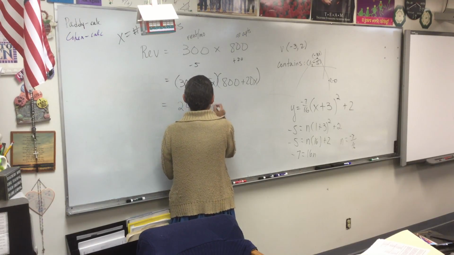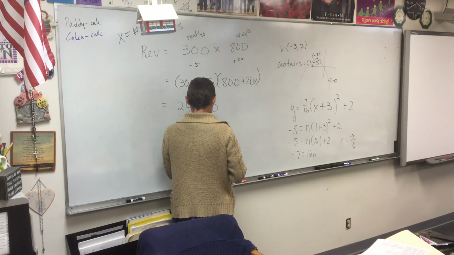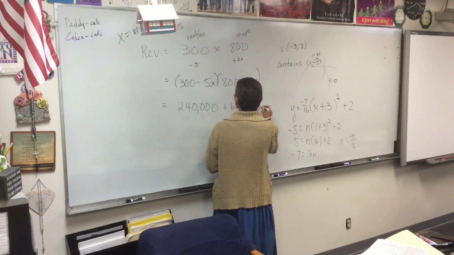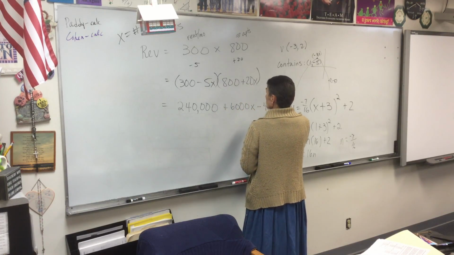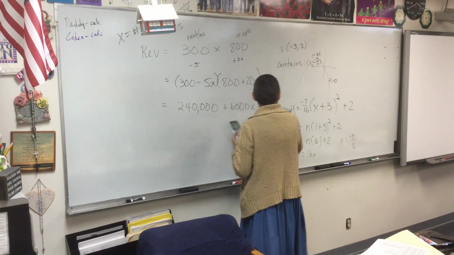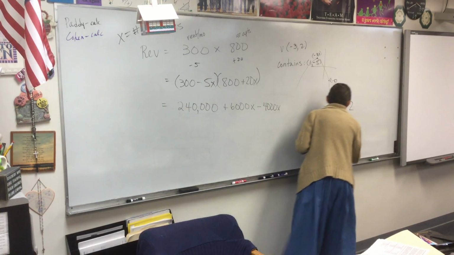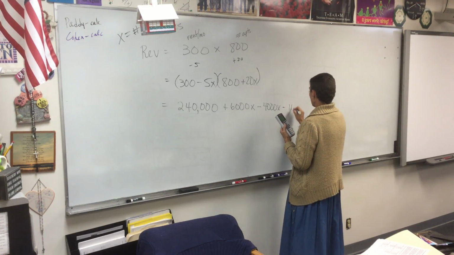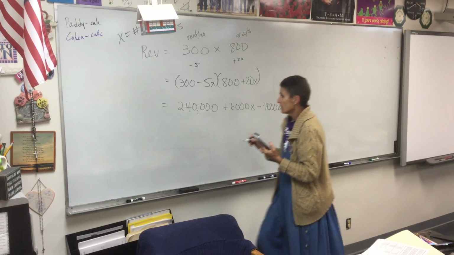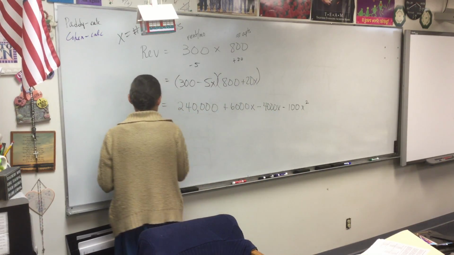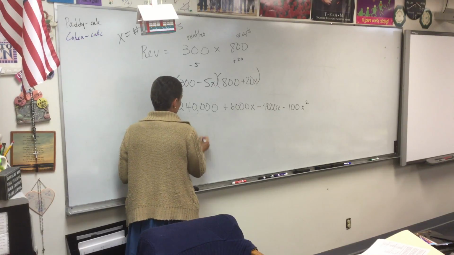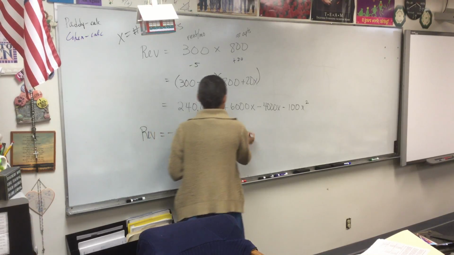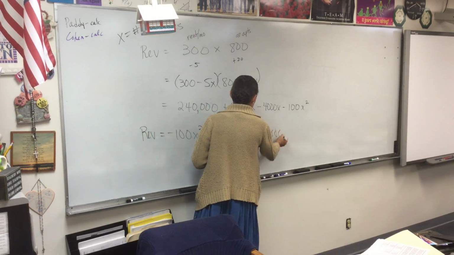Do not be scared of the big numbers. That's what you have a calculator for. My revenue equation came out to be negative 100x squared plus 2,000x plus 240,000. Does that look okay to everybody?